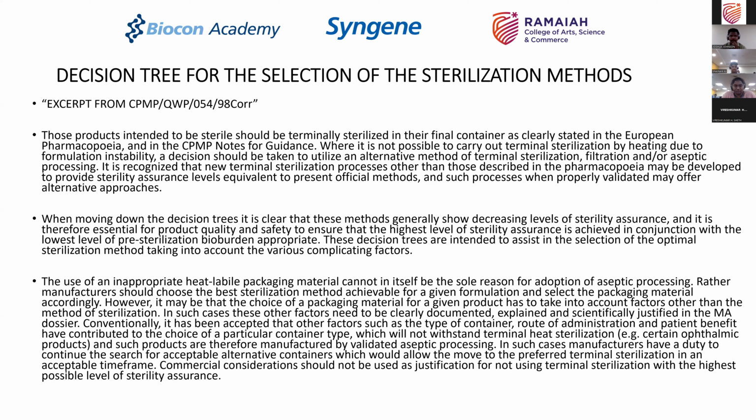All of this needs to be sterile because there are too many components involved. A failure in any one of those systems can compromise the sterility assurance levels. And that is the reason why the statement is made in CPMP saying that there is a decreased level of sterility assurance, because now you have to deal with sterility assurance at multiple places rather than just one place, which was the final container.